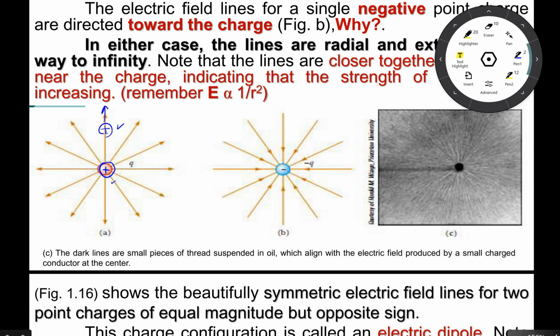So the repulsion will make the test charge move in this direction. If I put the test charge here, due to repulsion, it will move in this direction, and so on. As you see, the direction of the motion of the test charge is always outward.